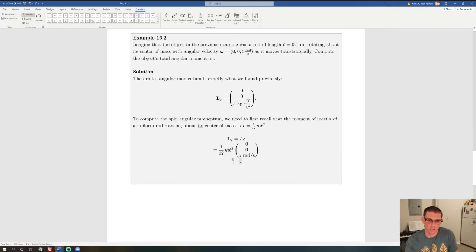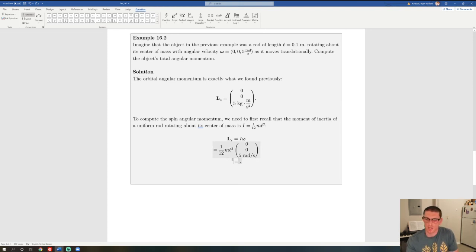Let me just calculate this in Mathematica really quickly for the number. Mass was 1 kilogram, 0.1 squared times 5. Okay, and this is a very small value, probably because L is kind of small and we're squaring it.